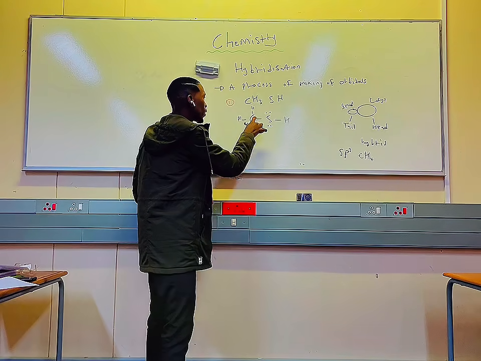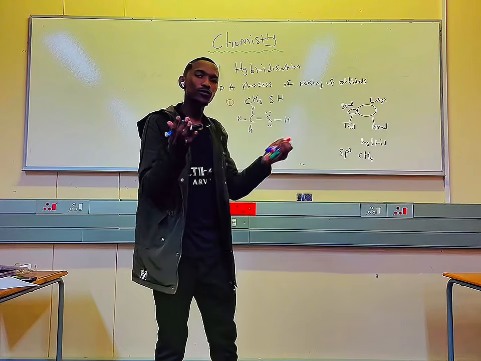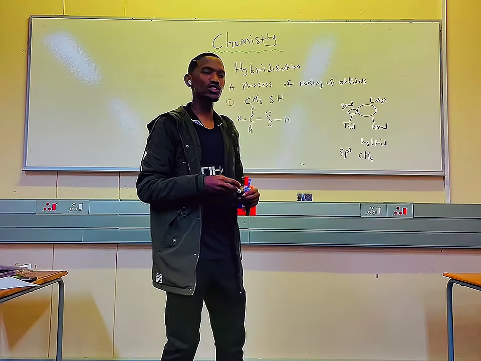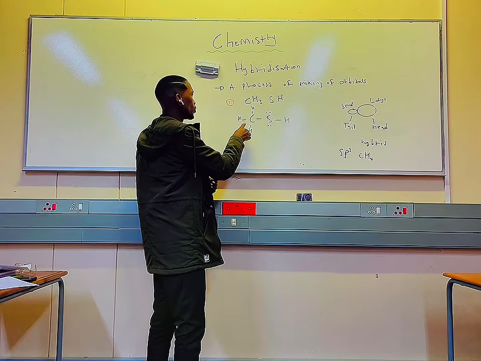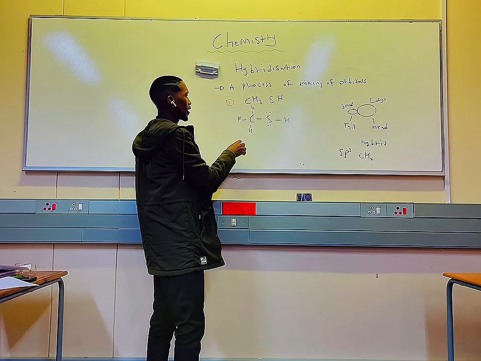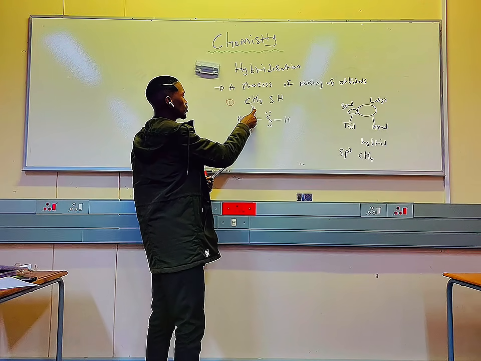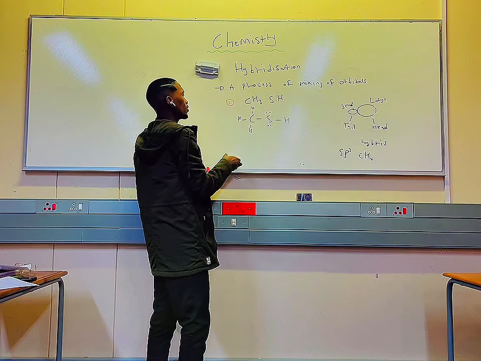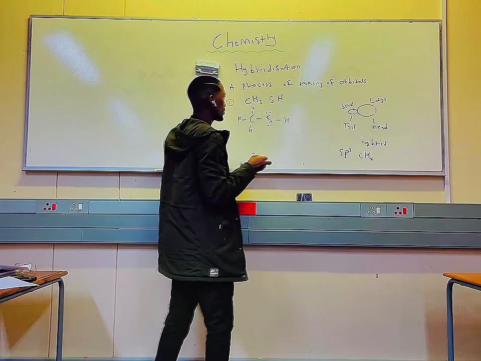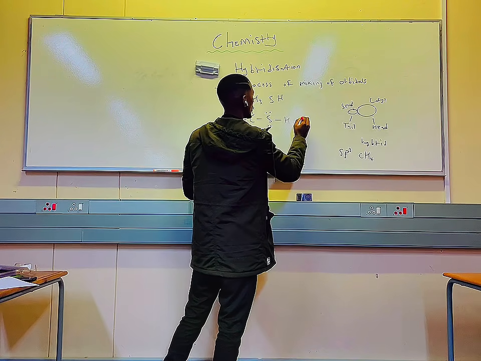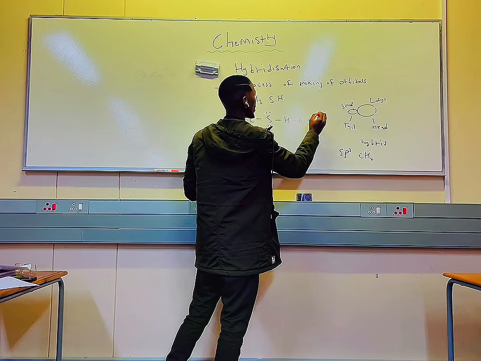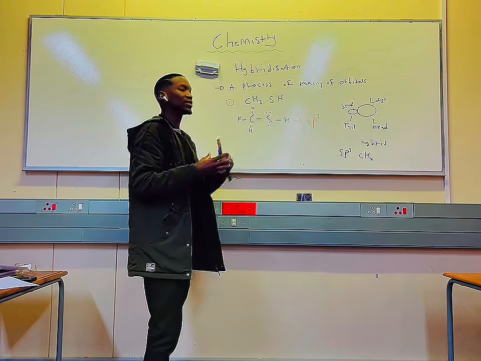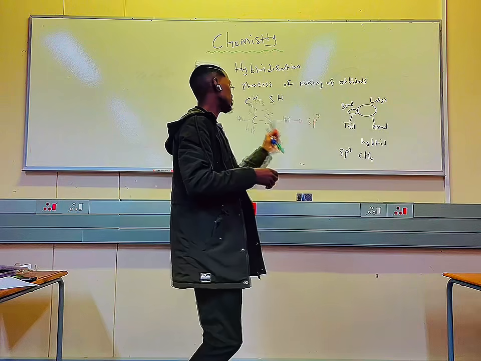The goal is to identify which type of hybridization this guy falls under. Now let's see. We can see that this guy is 1, 2. Look, 1, 2, already this guy is sp3, so this guy is going to be sp3 hybridized, as you can see.